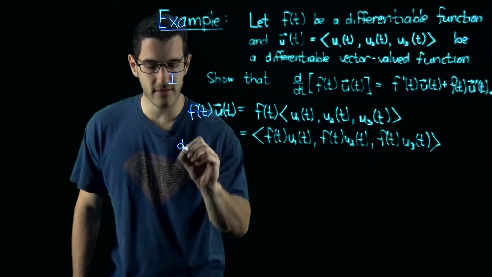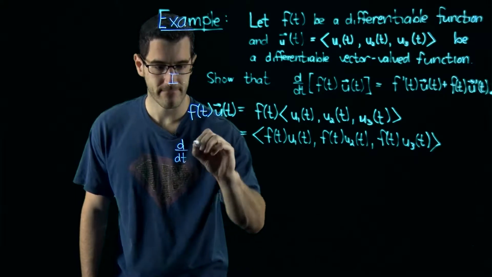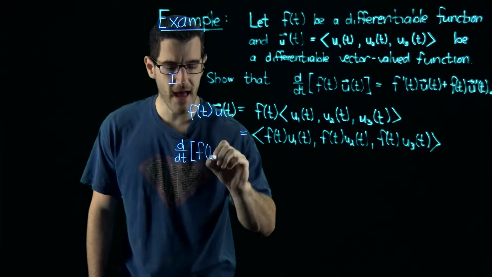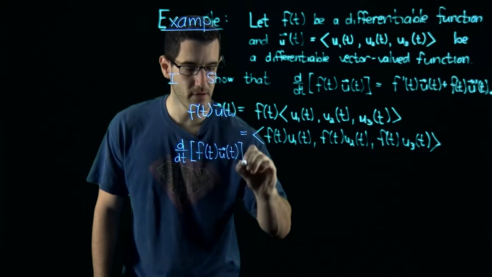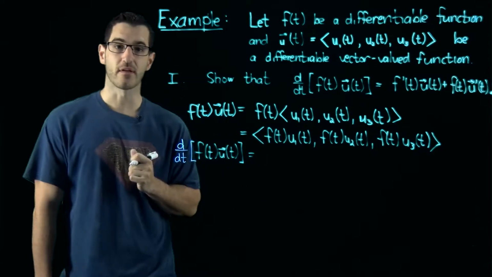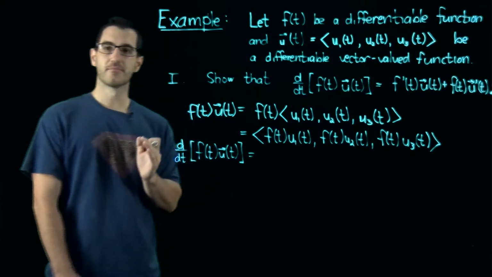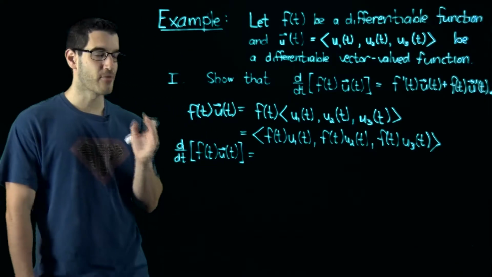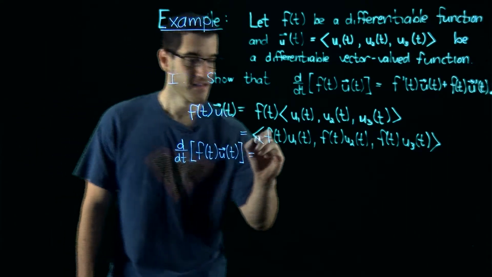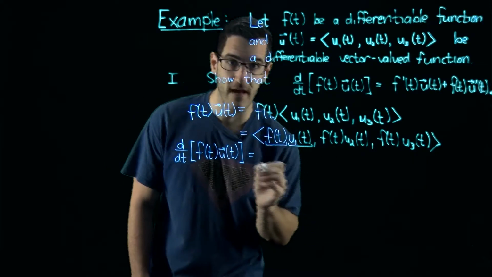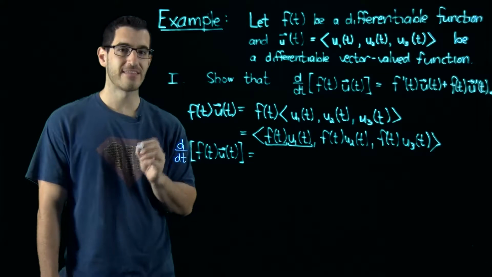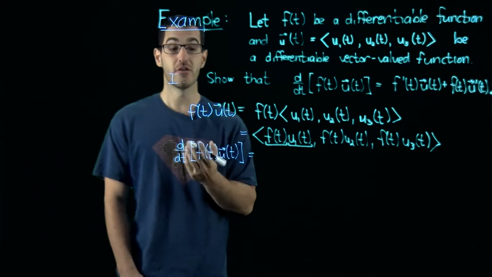If we want to take the derivative, all we have to do is differentiate each component separately. And now look at each component. We just have a product of 2 functions. This first one, we have a product of the scalar valued function f of t and the scalar valued function u1 of t.